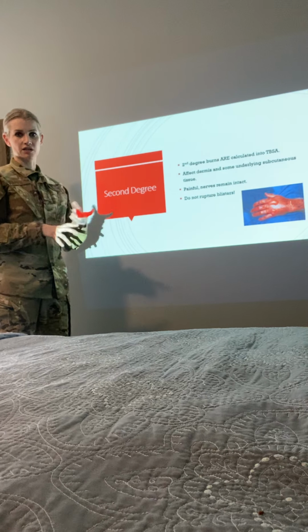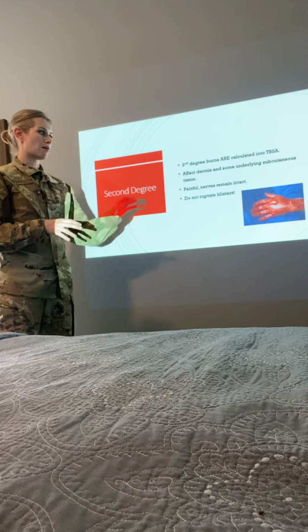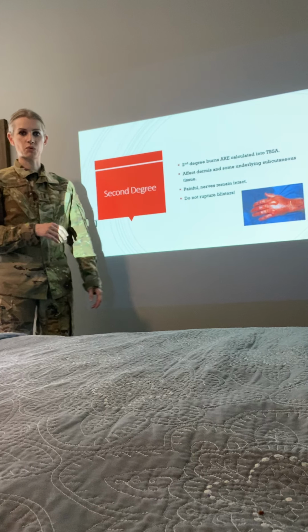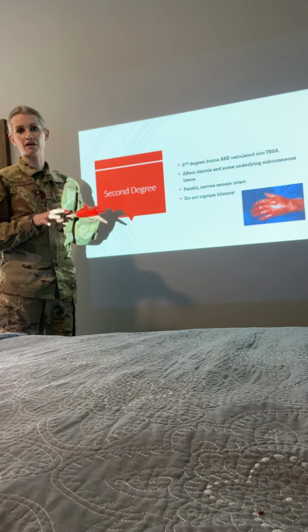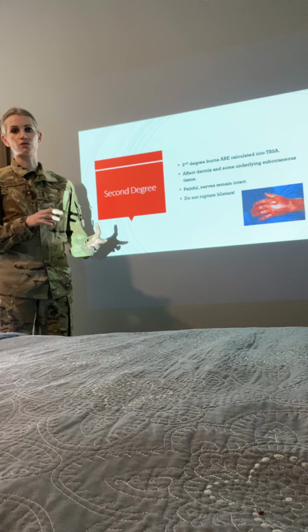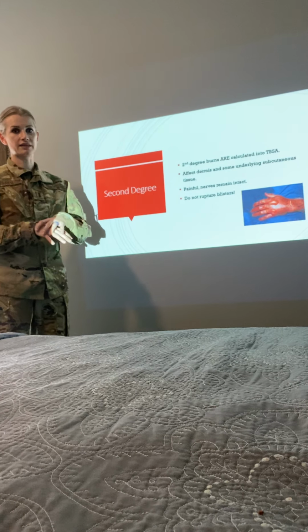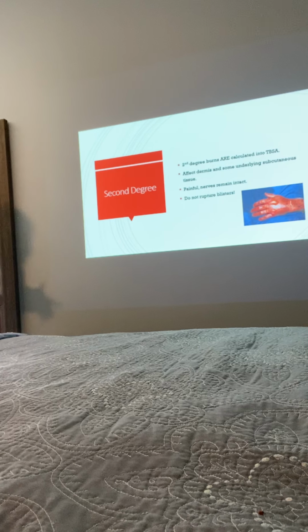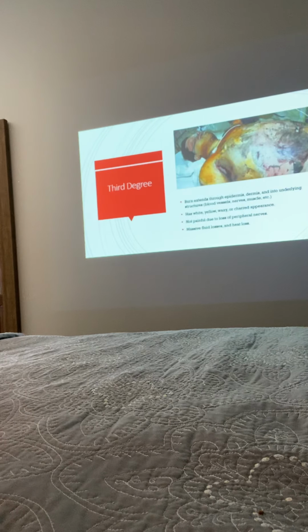They're painful because the nerves remain intact. If they have blisters like this poor guy, try to leave them intact at all costs, because it's going to help insulate that area, and it's going to prevent infection, at least while they remain intact.